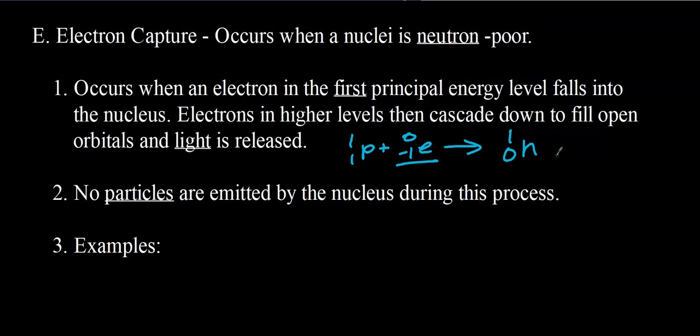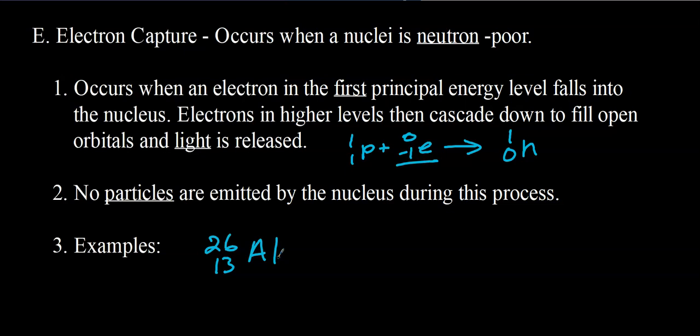All right, let's take a look at an example of a substance that undergoes electron capture. Let's go with aluminum 26. So aluminum 26 undergoes electron capture. What's the nuclear charge of aluminum 26? That would be 13. If you're saying to yourselves, this looks familiar, it should. I'm going somewhere with this.